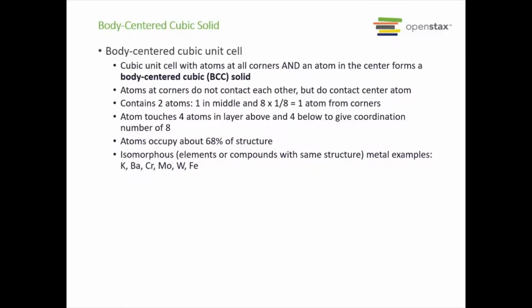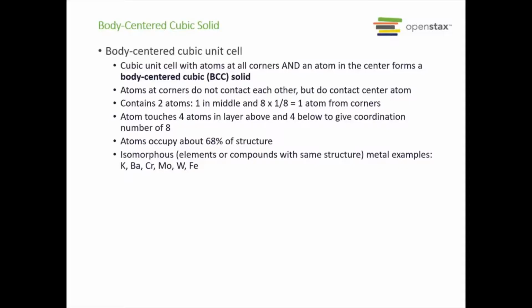So let's start by talking about the body-centered cubic cell. The cubic unit cell has atoms at all corners and an atom in the center. So this forms what we call the body-centered cubic, or BCC solid. The atoms at the corner actually do not contact each other, but they do contact the center atom.